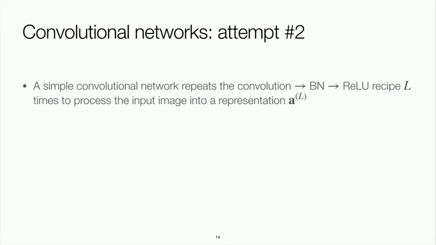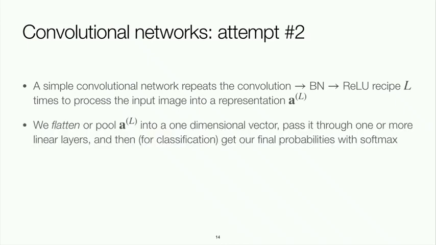It repeats this L times, that's the number of layers that we have, in order to process our input image into some representation AL that's a nonlinear function of the input and hopefully is more suitable for the particular task that we're trying to solve, rather than working with the input directly. Oftentimes we might throw some pooling layers in the middle there in order to reduce the input dimensionality as we go, but that's a design choice.